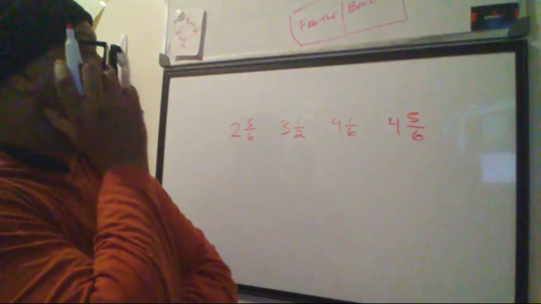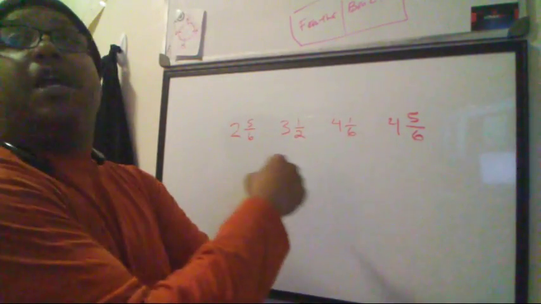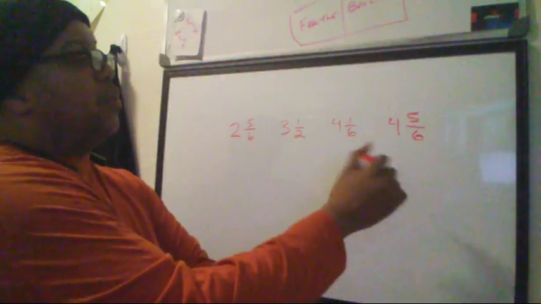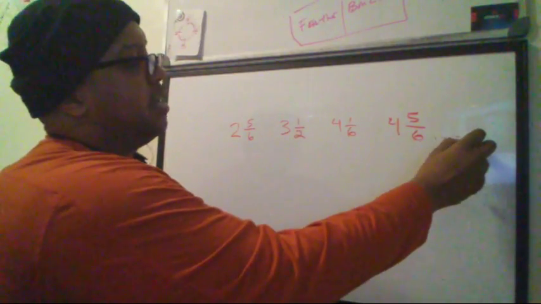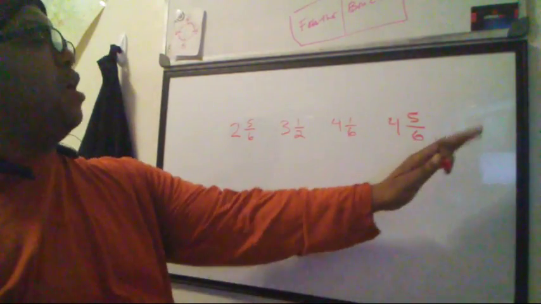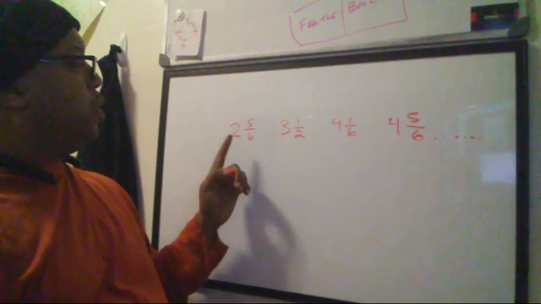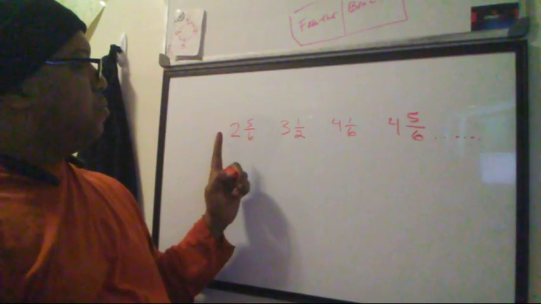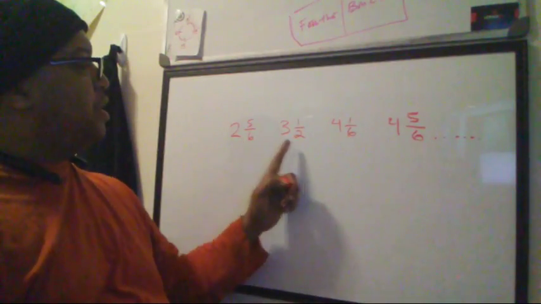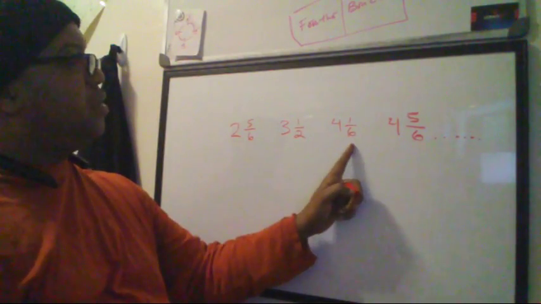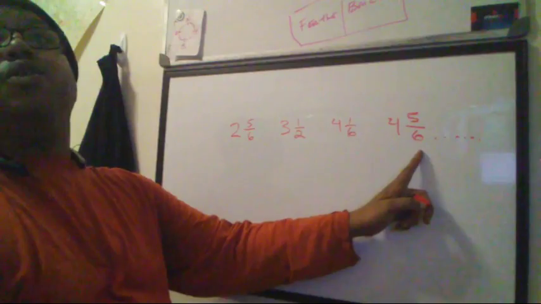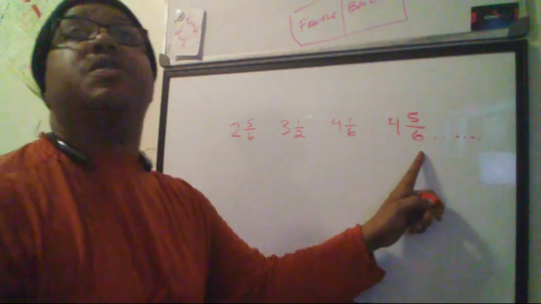Now, these two are pretty close together. So then you have dot, dot, dot, which means the sequence goes on. So you want to look at how do we get from 2 and 5/6 to 3.5 to 4 and 1/6 to 4 and 5/6.